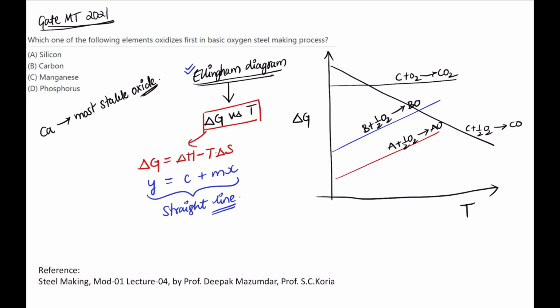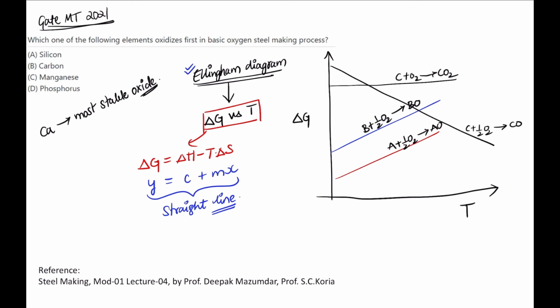In other words, in the Ellingham diagram, calcium is at the very bottom, and if you go slowly on top of it, you'll find magnesium, aluminium, titanium, silicon, manganese, and slowly as you increase delta G, you finally have carbon and phosphorus.